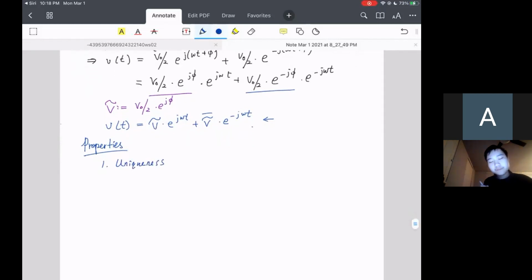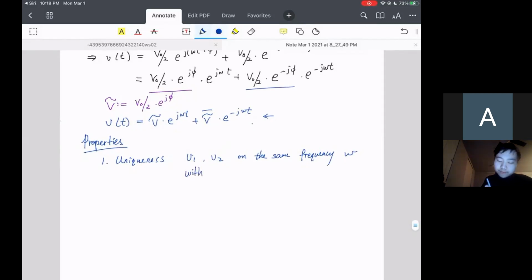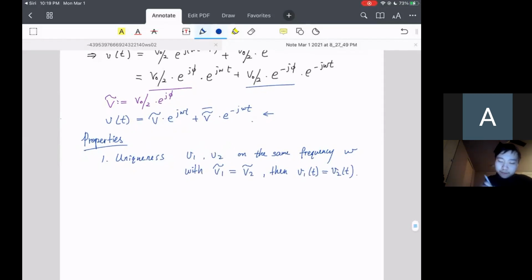If I have two inputs on the same frequency, I'd like to reiterate that, so they have to be on the same frequency, that is omega, with the same phasor representation, then the original two inputs, V1 and V2, are the same.